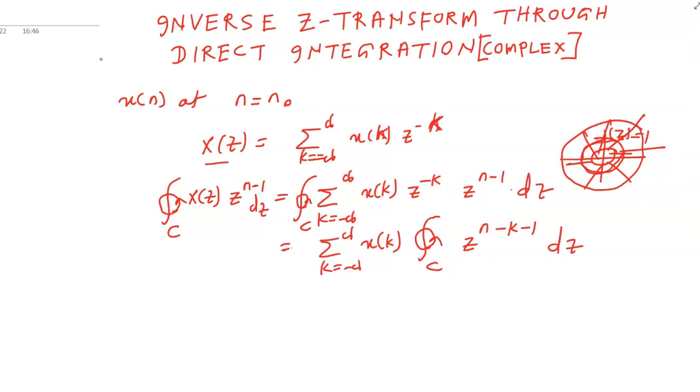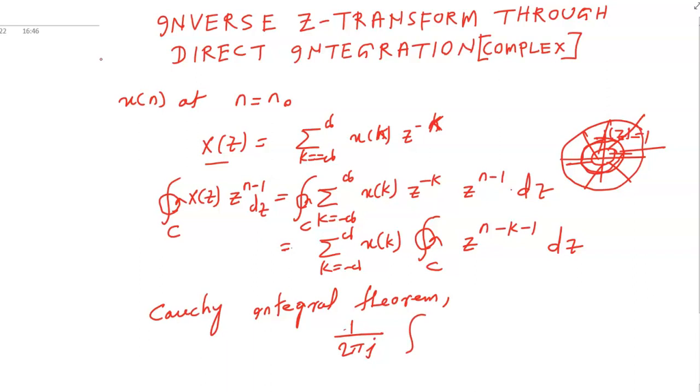So we know the Cauchy integral theorem: 1 upon 2 pi j times the complex integration in the counterclockwise direction of z to the power n minus k minus 1 dz will be equal to 1 for k equal to n, and 0 otherwise, that is, for k not equal to n.